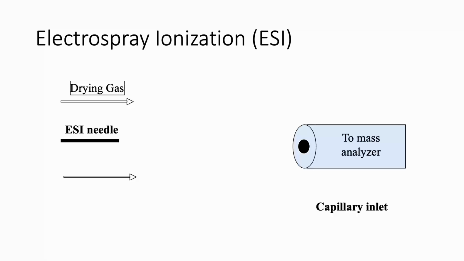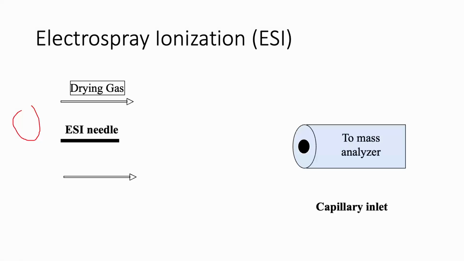And so as a reminder, starting over here on the left-hand side, you've got your compounds of interest that are dissolved in a liquid, and they are getting in through that inlet into what's called an ESI needle. A couple of other things I want to call out is that you also have a drying gas. This is usually very warm or hot nitrogen gas, pure nitrogen.